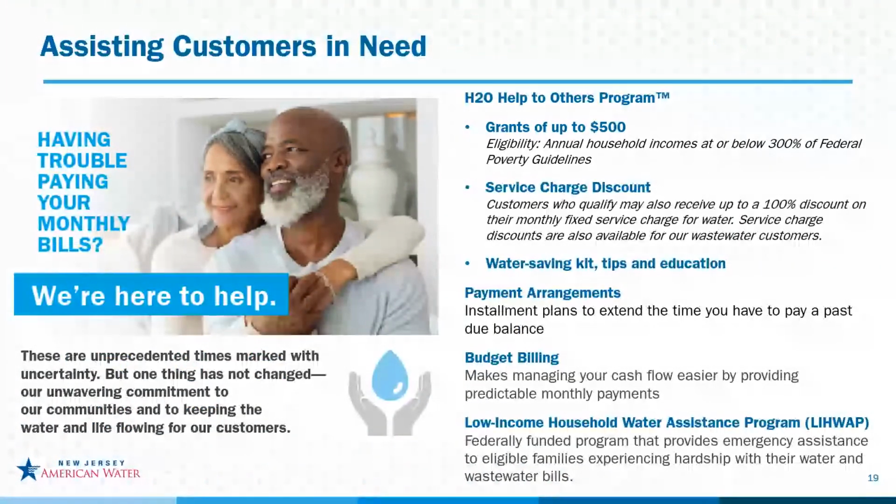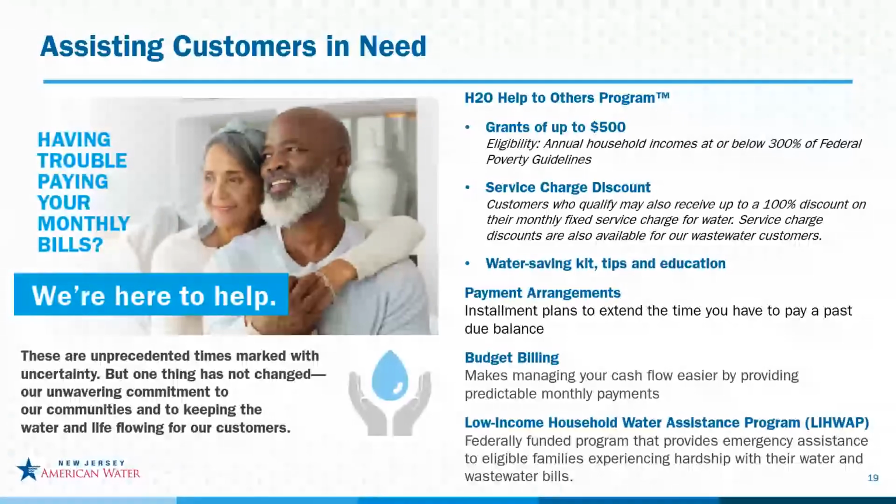And for nearly 2 decades, New Jersey American Water has been assisting low-income water customers who qualify through its H2O Help to Others program, which is administered by New Jersey Shares. There are two main components of the program: grants and a discount on a service charge.